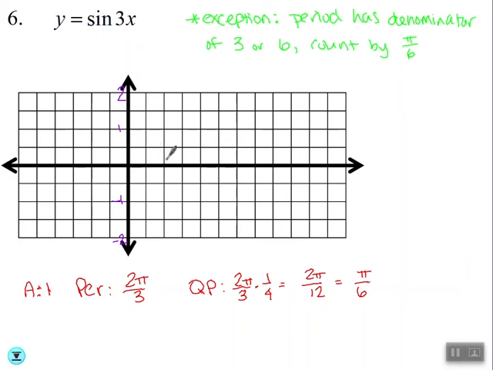If each line is pi over 6, that means that pi is going to be the 6th line. So 2 pi is the 12th line, and negative pi would be 6 marks in the other direction.